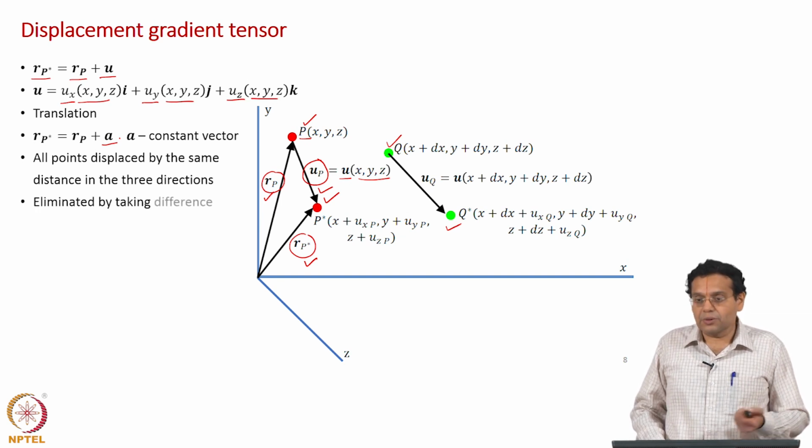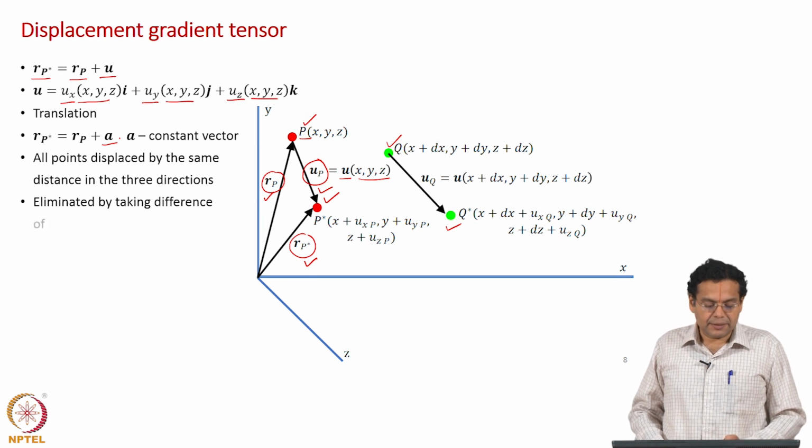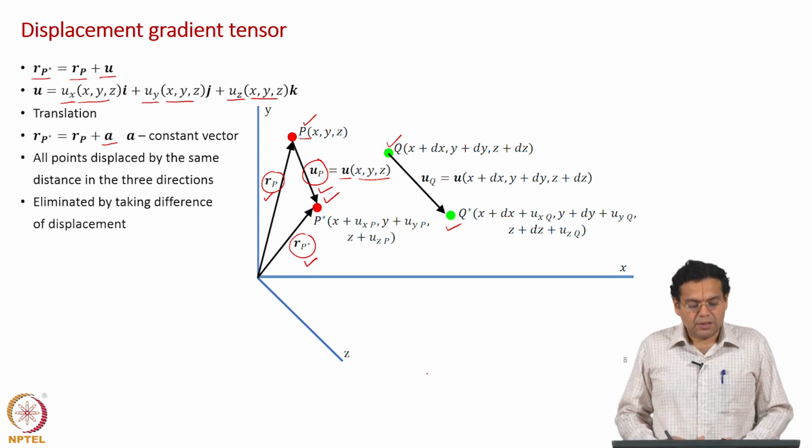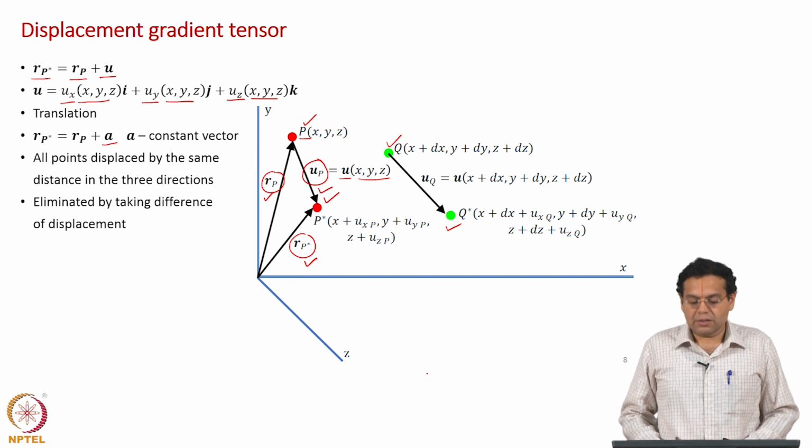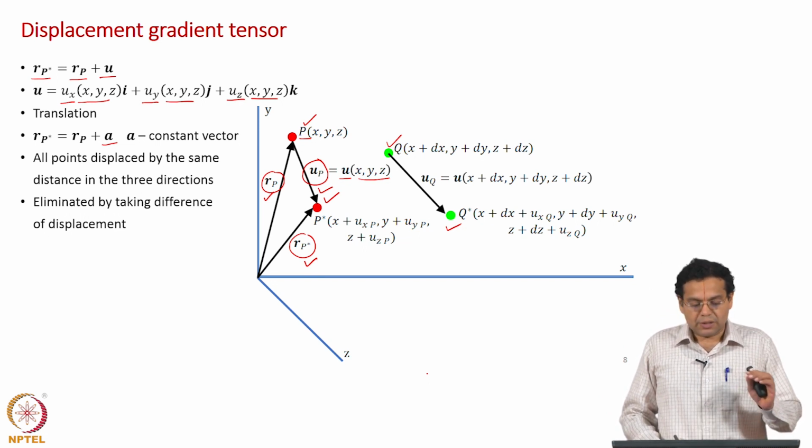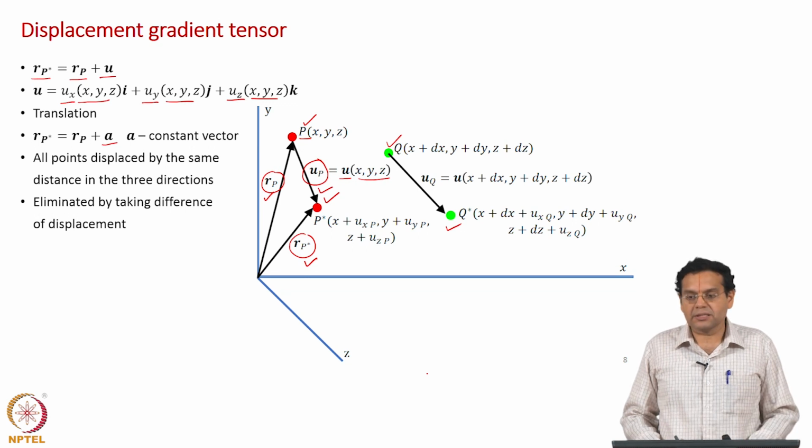And how do you eliminate it? By taking the difference of displacement. So, from now on we will work in terms of difference in displacement. The reason for working in terms of difference in displacement is that it takes care of translation. Translation has been eliminated.